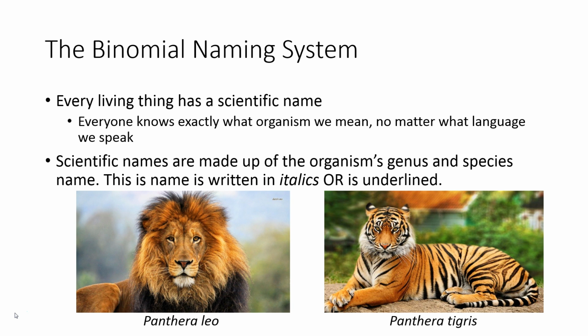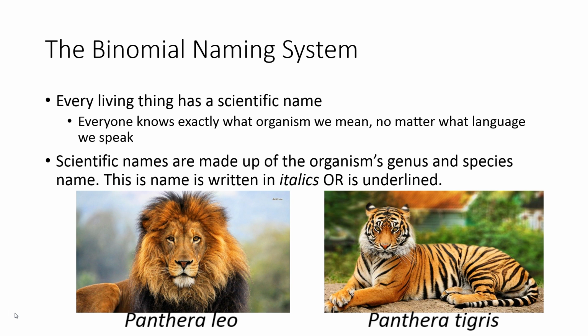So of the two remaining animals that we've discussed today, the scientific name of the lion is Panthera leo, and the scientific name of the tiger is Panthera tigris. Both of these are Latin names.